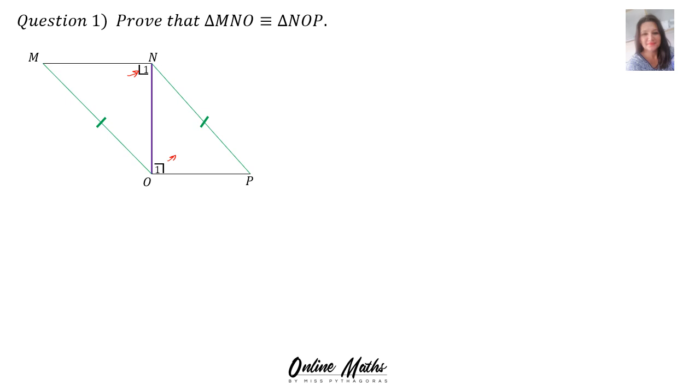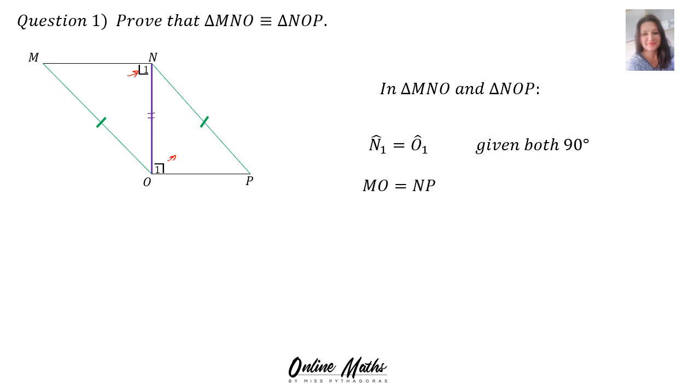And then you can also see that side NO, this side is common to both triangles. So we can prove the 2 triangles congruent by starting with in triangle MNO and triangle NOP. Angle N1 is equal to angle O1, and the reason it's given that both are 90 degrees.